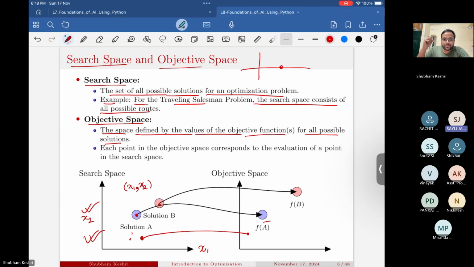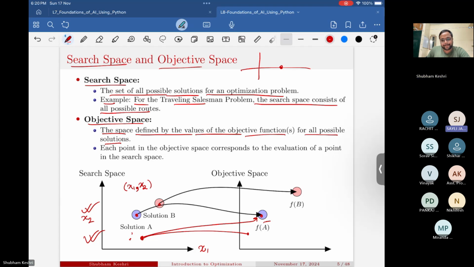And each point in the objective space corresponds to the evaluation of a point in the search space. So solution A can correspond to f of a, and solution B can also correspond to f of a. Yes, that can happen. Two solutions can give you the same objective function value.